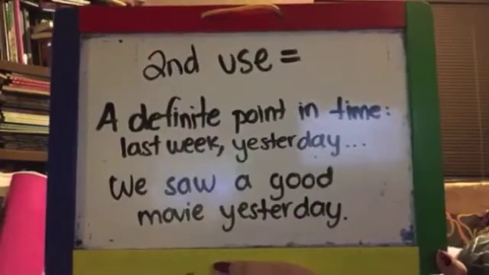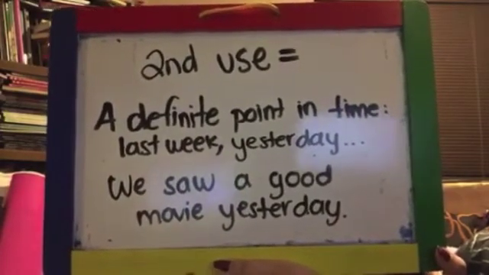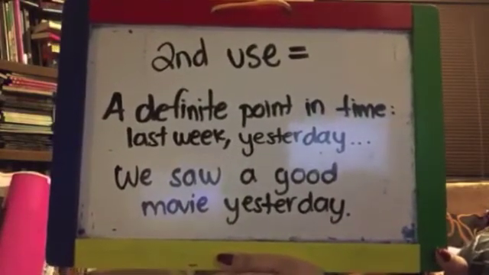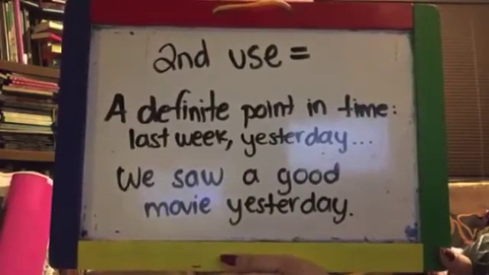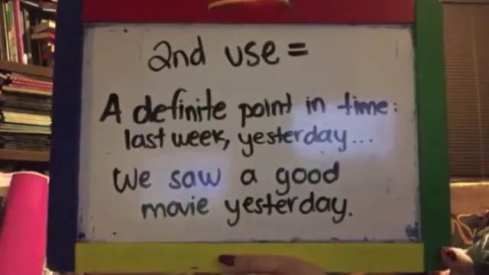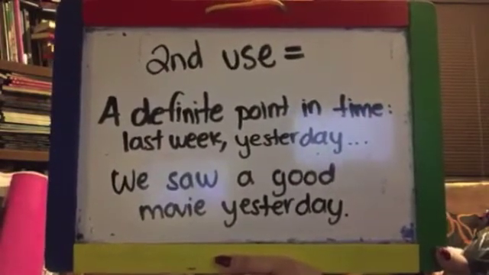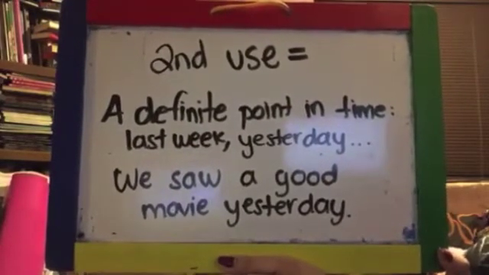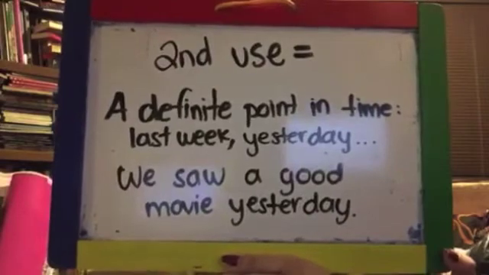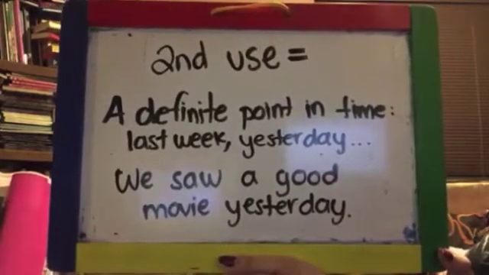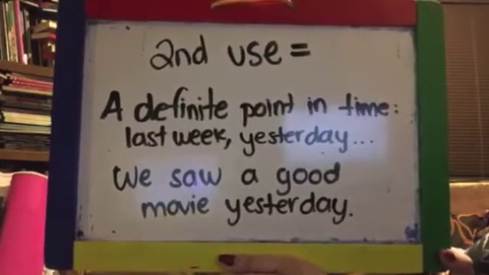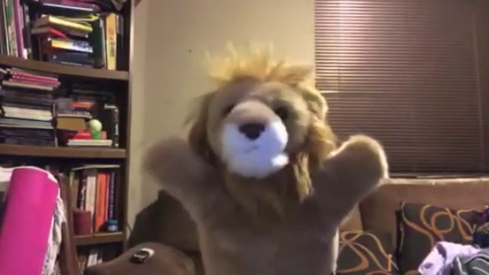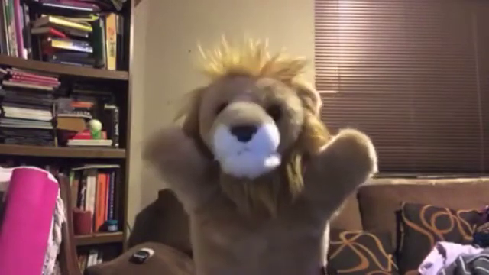In this example, we know that the verb saw is the past of the verb see. And we also have the definite point in time, yesterday. So when we read this sentence, we'll say, we saw a good movie yesterday. We know that this is in past because of the verb and because of the definite point in time. So that was the second use of the simple past.